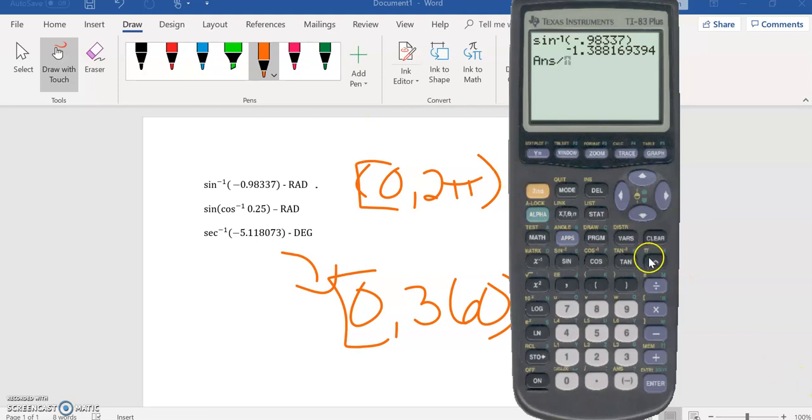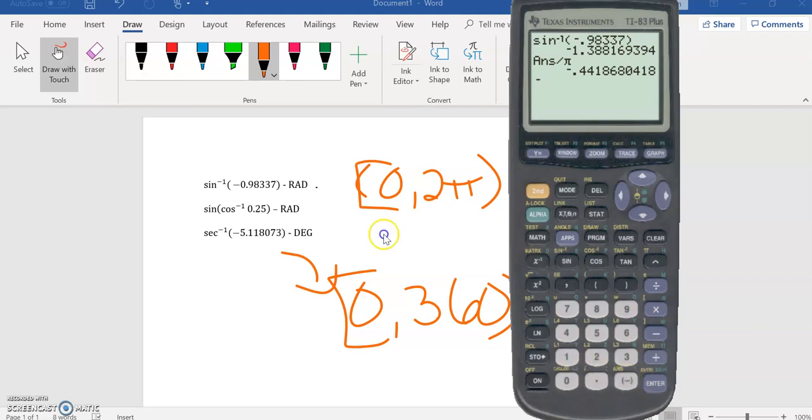Let's divide by pi. It's like negative 0.44. I'm just kind of guessing here where it's going. So negative 1.33, that's going backwards, and it hasn't gone all the way to 180 because 3 pi over 4.